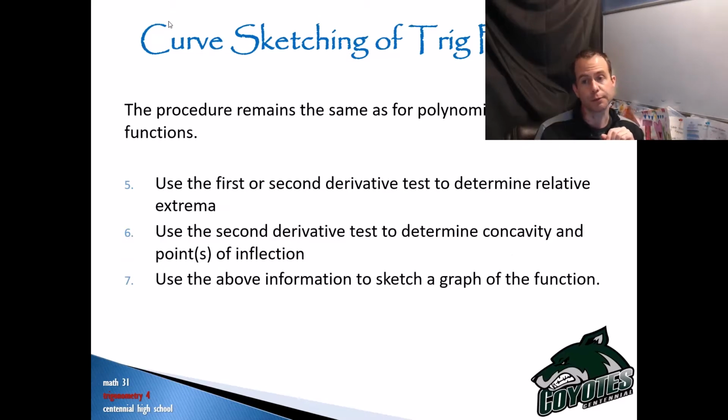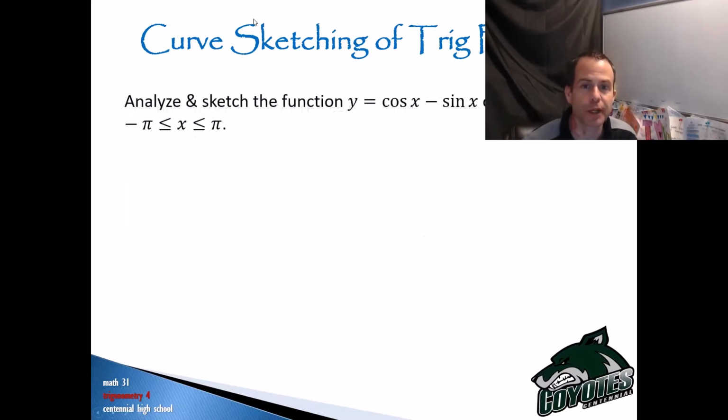The second derivative will also talk to us about possible points of inflection as well as concavity. And then we're going to put all that together into a nice, well-sketched, well-labeled, well-curved drawing, okay?